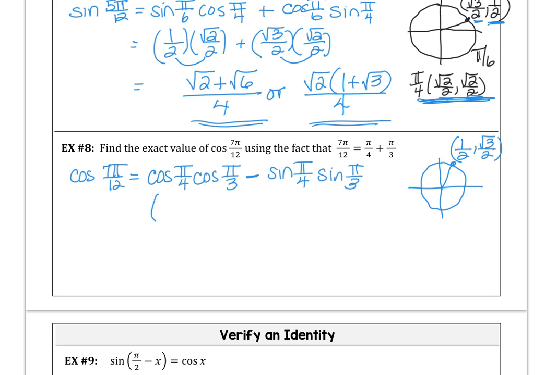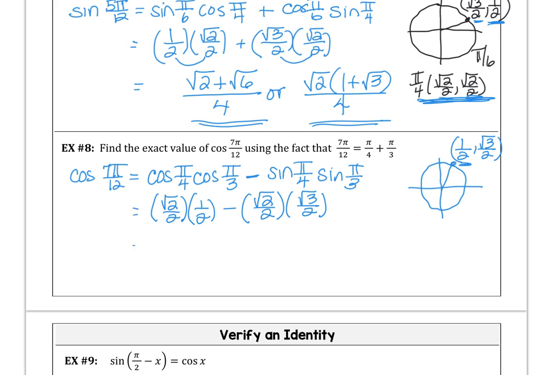So cosine pi over 4, cosine pi over 3, minus sine pi over 4 times sine pi over 3.